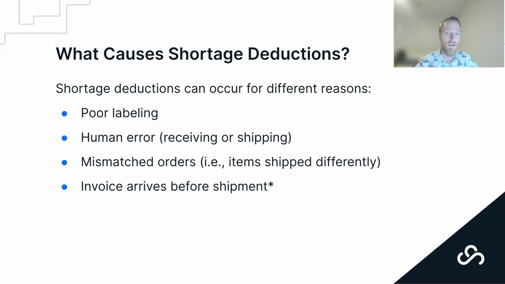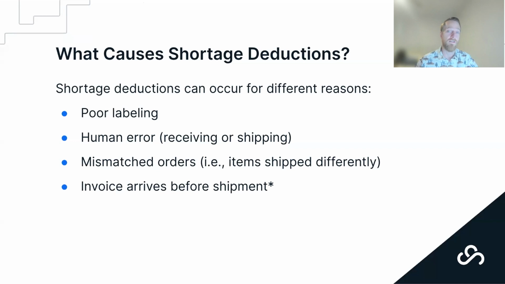So, human error is involved. Sometimes things like poor labeling or similar packaging can cause some of those miscounts when people are trying to count up cases and are unable to distinguish between items or between orders, and that leads to human error in the receiving process.